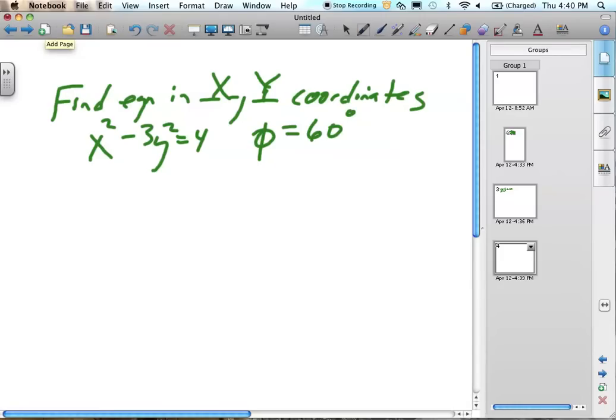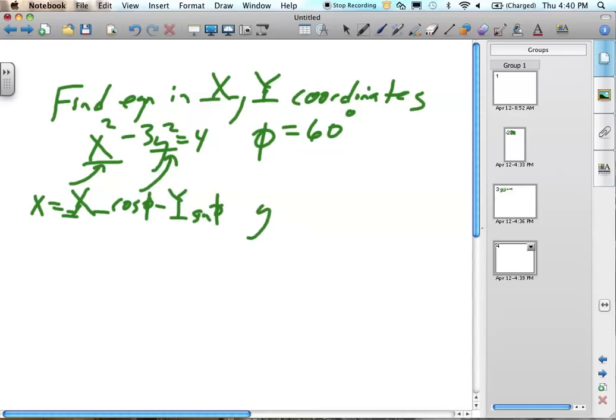So what I do is I'm going to substitute in for x and for y. If you go back up, you remember lowercase x is going to equal my rotated x cosine of my angle minus my rotated y times the sine of the angle.